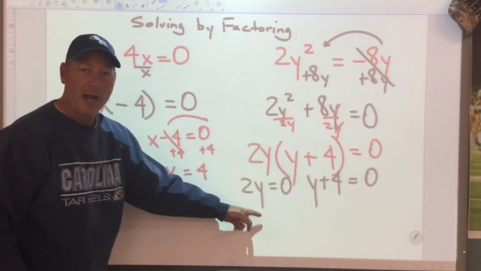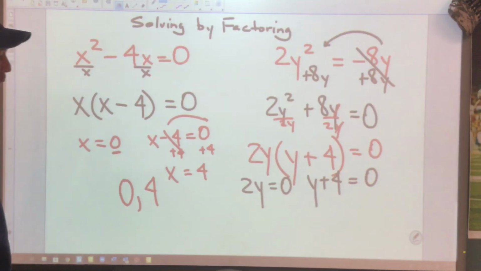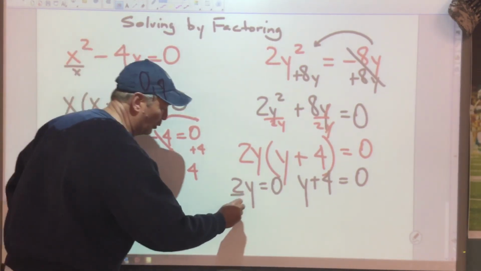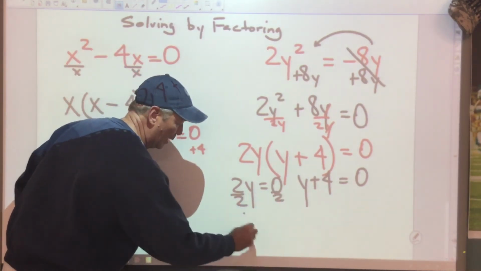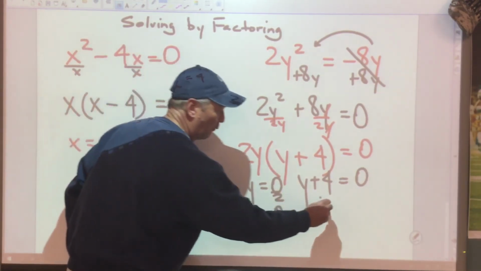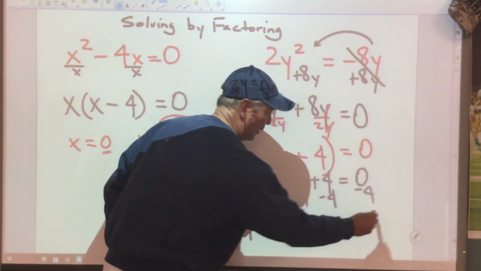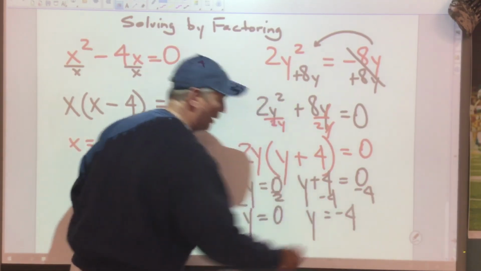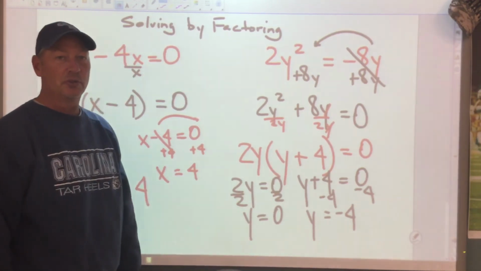We need to get y by itself. So I'm going to ask you to divide by 2, and y equals 0. Minus 4, y equals a negative 4. Those are my two solutions.